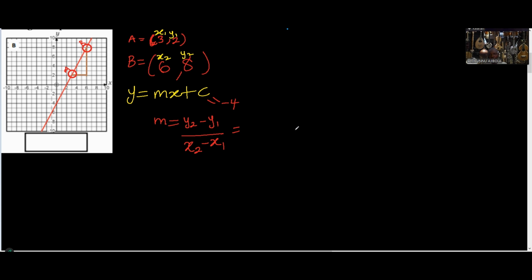I even labeled all the numbers. 8, good. What is Y1? Check again. 2, very good. What is X2? 6. What is X1? 3. So what is 8 minus 2? That's 6. And 6 minus 3 is this.